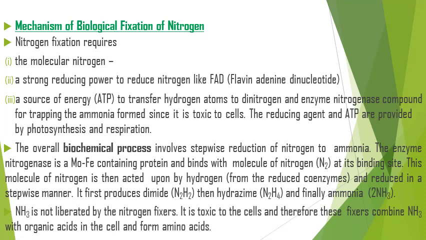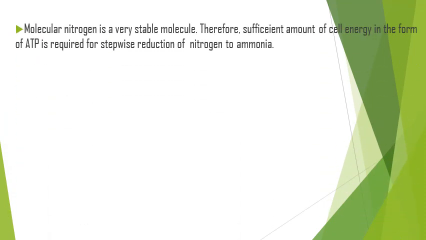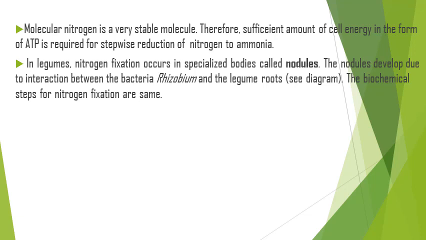It is toxic to the cell, and therefore these fixers combine ammonia with organic acids in the cell and form amino acids. Molecular nitrogen is a very stable molecule. Therefore, a sufficient amount of cell energy in the form of ATP is required for stepwise reduction of nitrogen to ammonia.